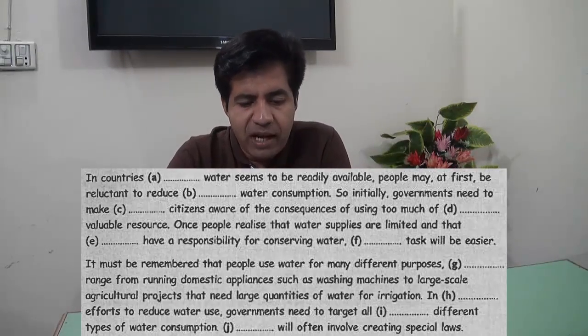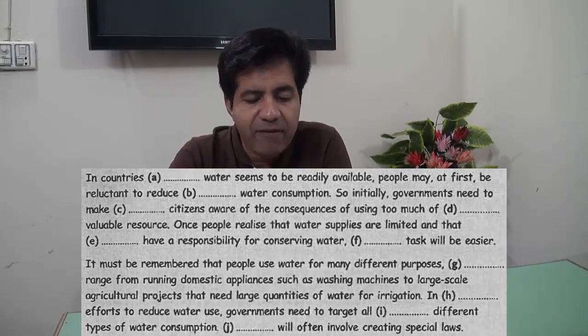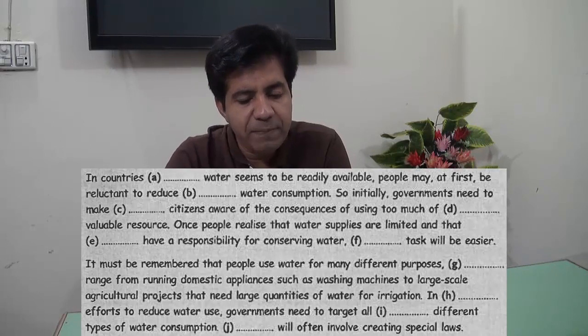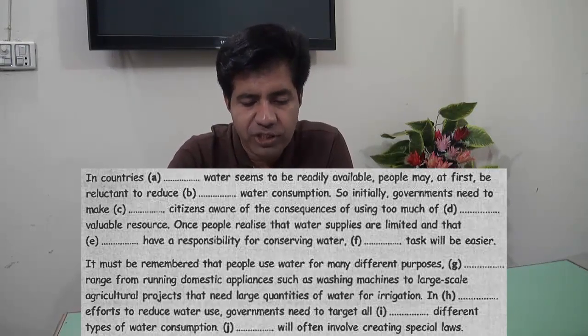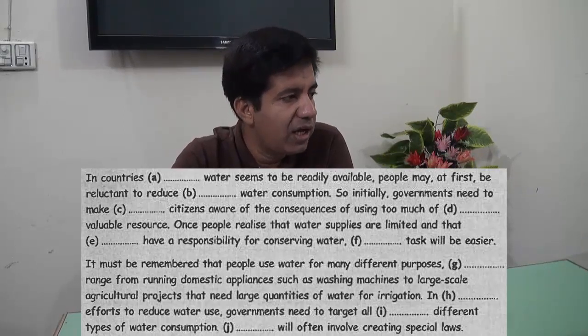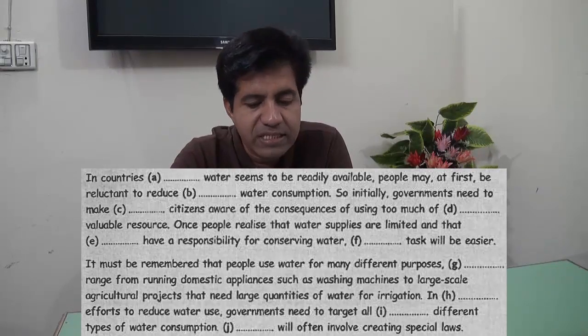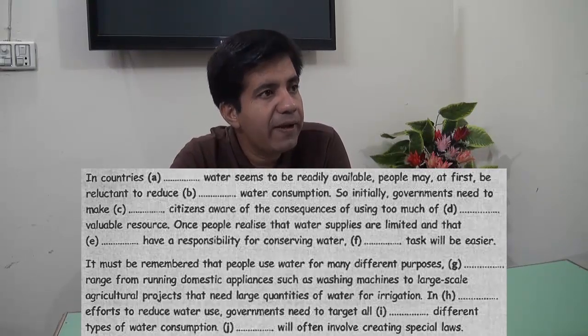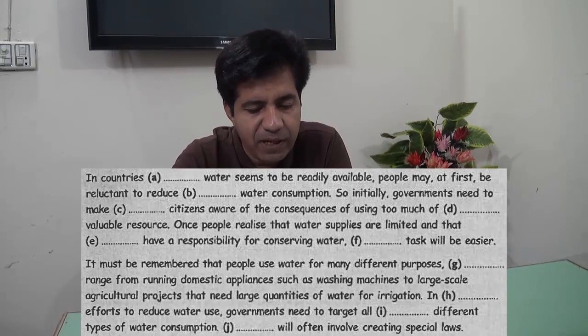Once people realize that water supplies are limited and that they have a responsibility for conserving water, the task will be easier. Got it? Clear? Now we go ahead to the next paragraph.